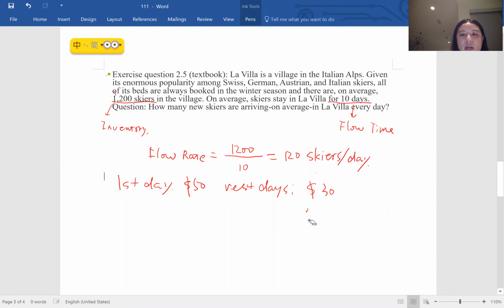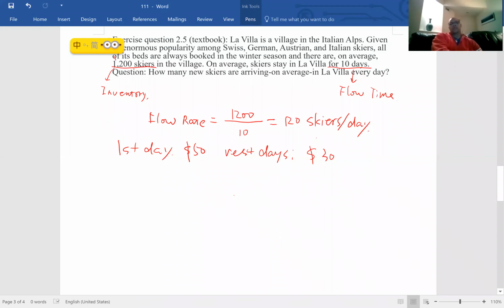So we need to compare the increase or decrease in the average cost the skiers spent this year and last year. So let's see how to calculate the average amount of money that each skier spent last year.